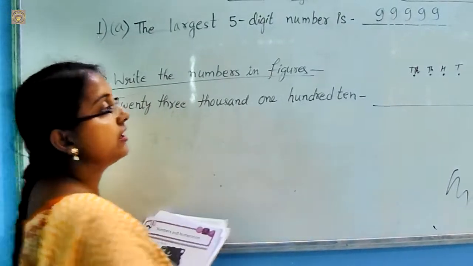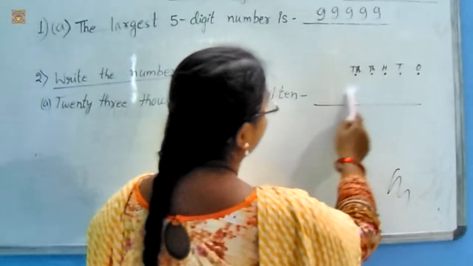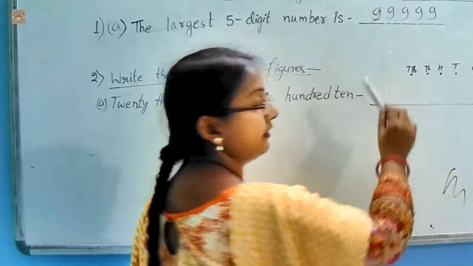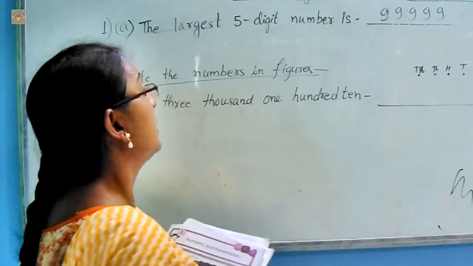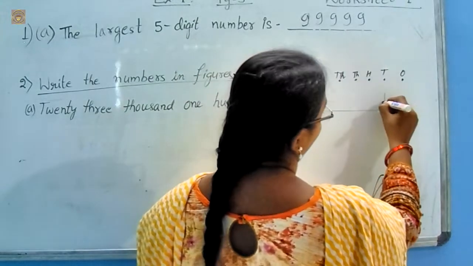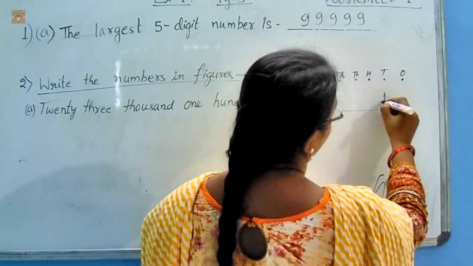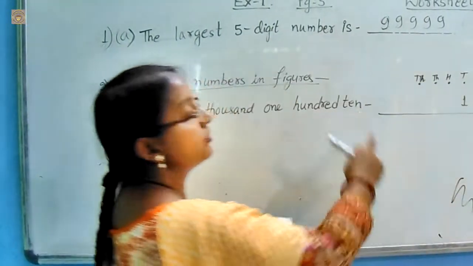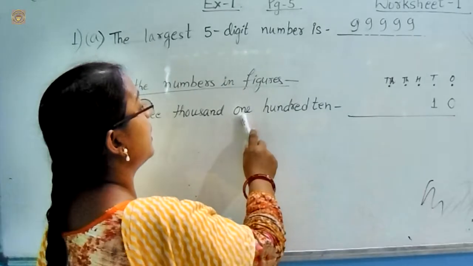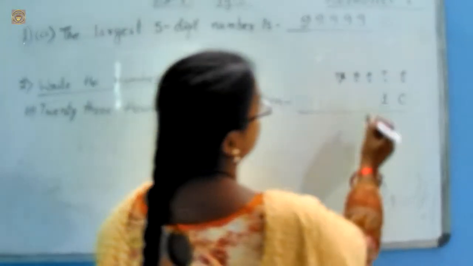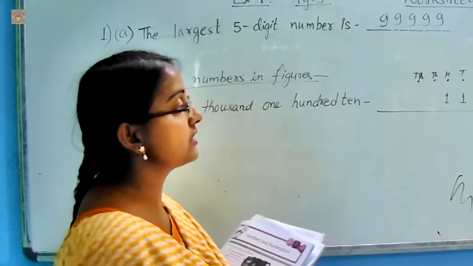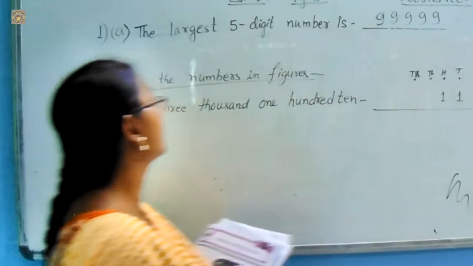23,000. That means we have to start from the earlier places, that is 1, 10, 100, 1000 and 10,000. Here for tens there is 1, and 0, there is no single digit at the ones place. At the 100th place, 1 is here.